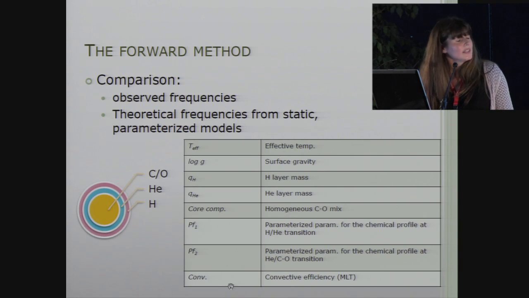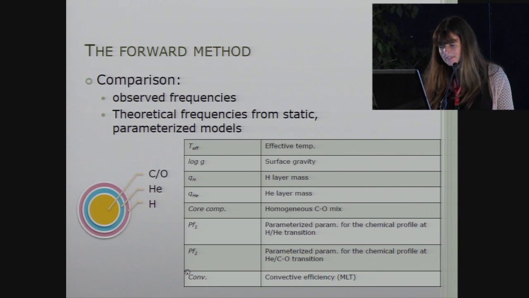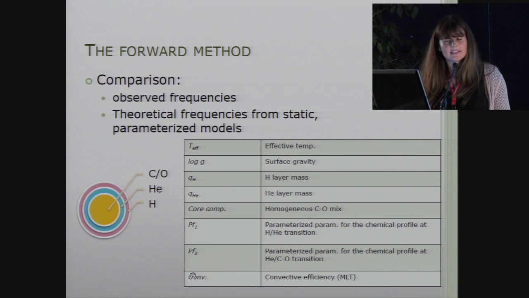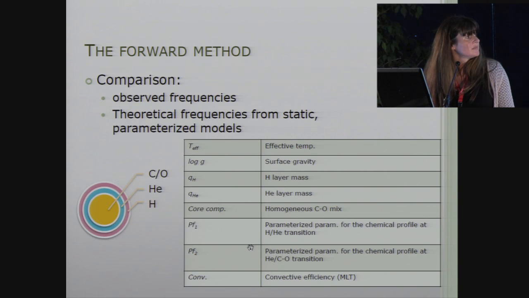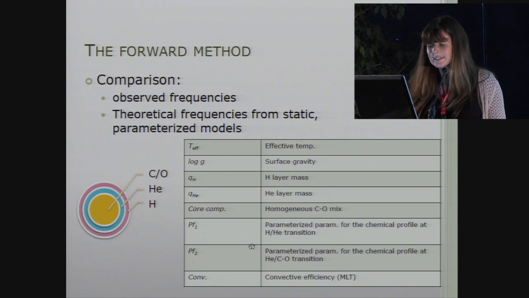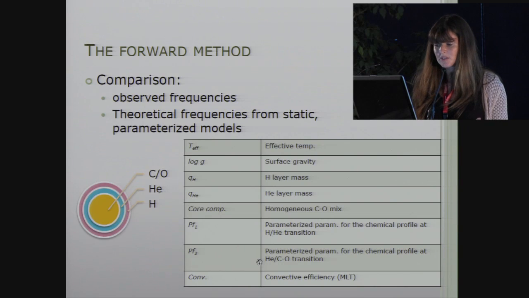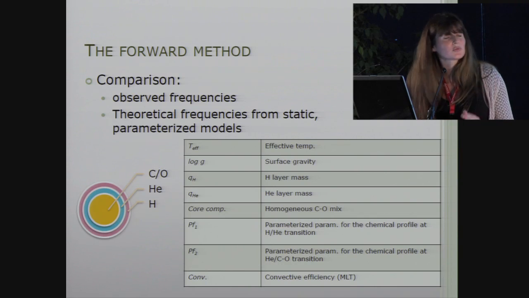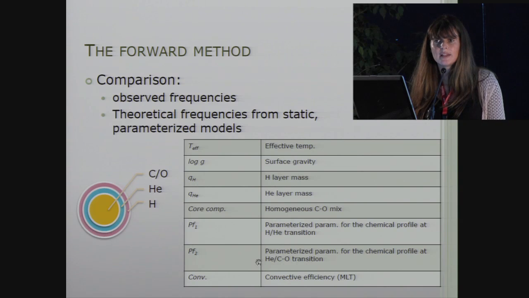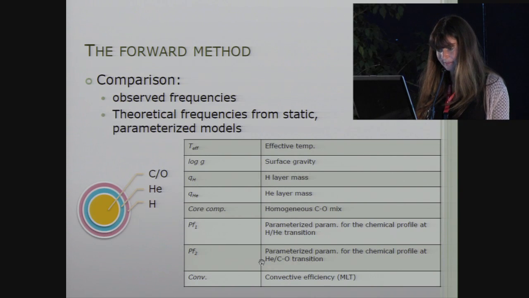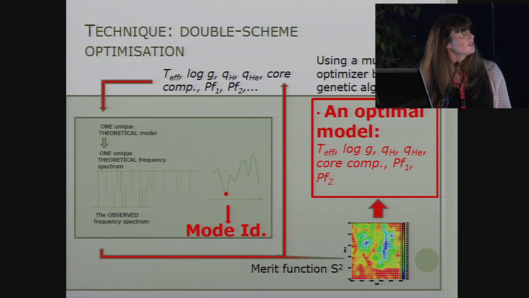We can also add the convective efficiency as a parameter, but tests have shown that for low radial order, this parameter does not really influence the modeling. We tested it, and that's actually the case for GD1212. So we can remove this one and fix it to the prescribed mixing length theory of ML2 and alpha equals 1.